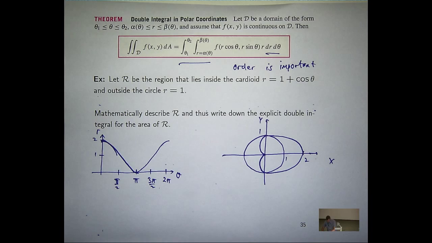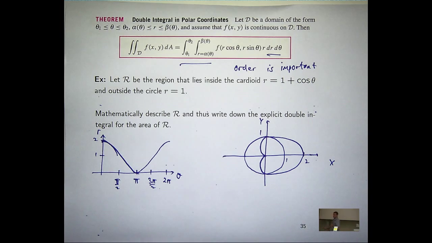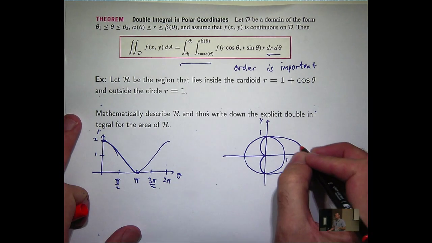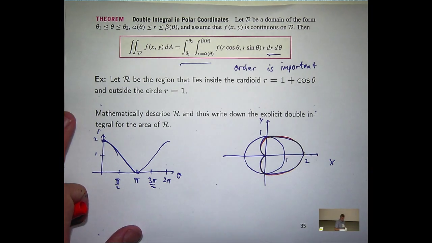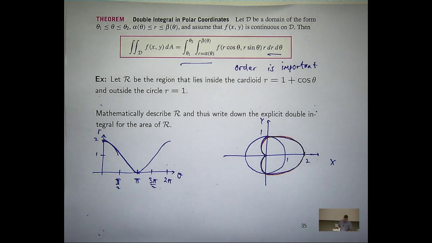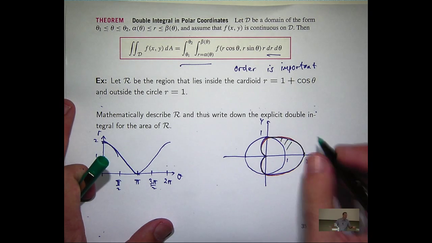Okay, so we want the region that lies inside the cardioid, which is just this curve here, and outside the circle. So our region in this setup would be here.